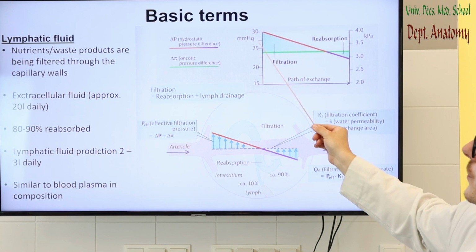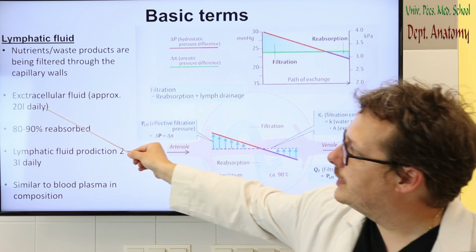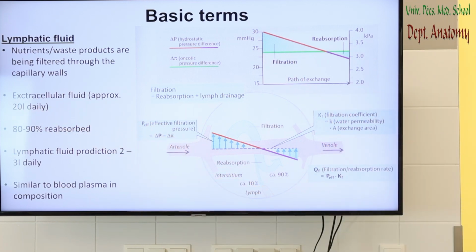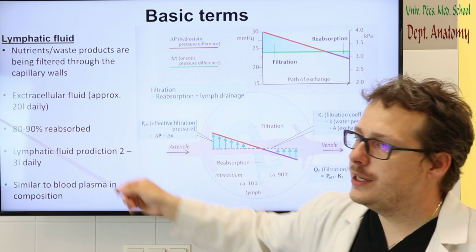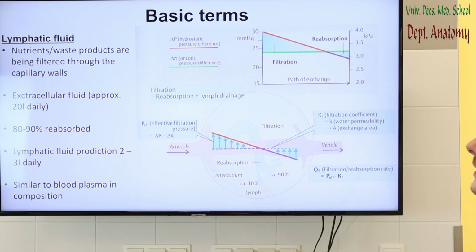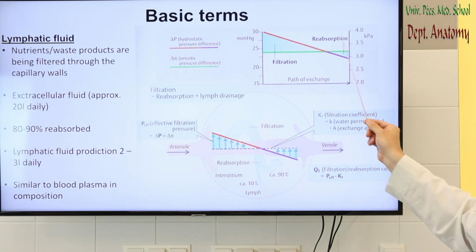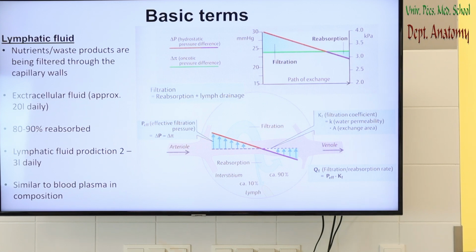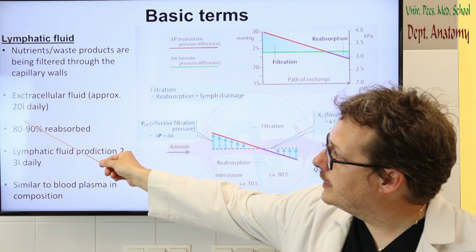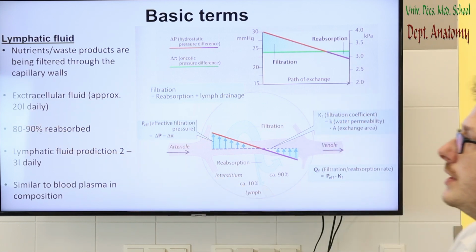With this filtration, approximately 20 liters of extracellular fluid is produced in the human body daily. You can see that these 20 liters are much more than the average volume of blood in the human body, so that suggests that we need a significant reabsorption, which happens, and approximately 80 to 90% of this fluid is reabsorbed.